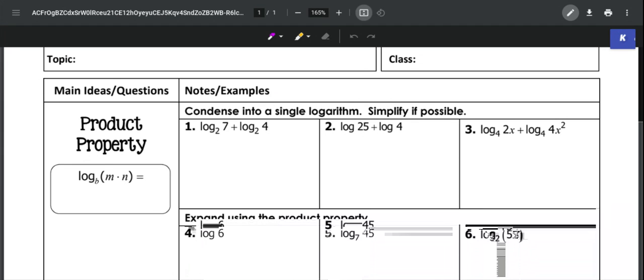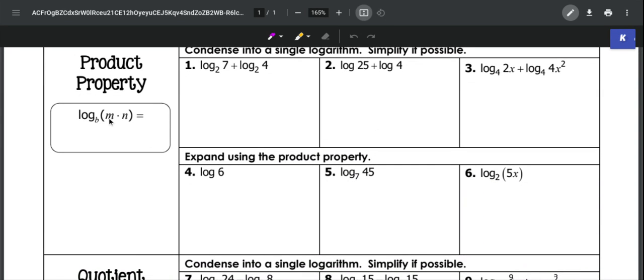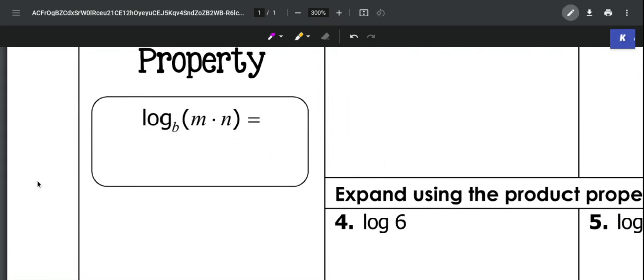So the product property of a logarithm essentially is saying that when you have a log base b of m times n, it can be rewritten as log base b of m plus log base b of n.